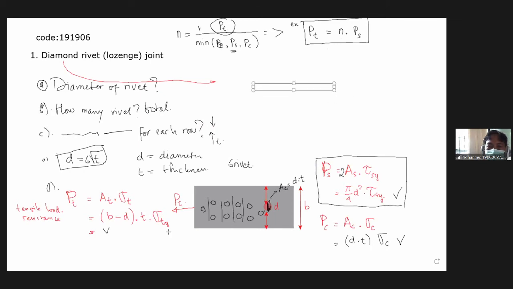Suppose you have this double strap butt joint, and the geometry of the plate is given.